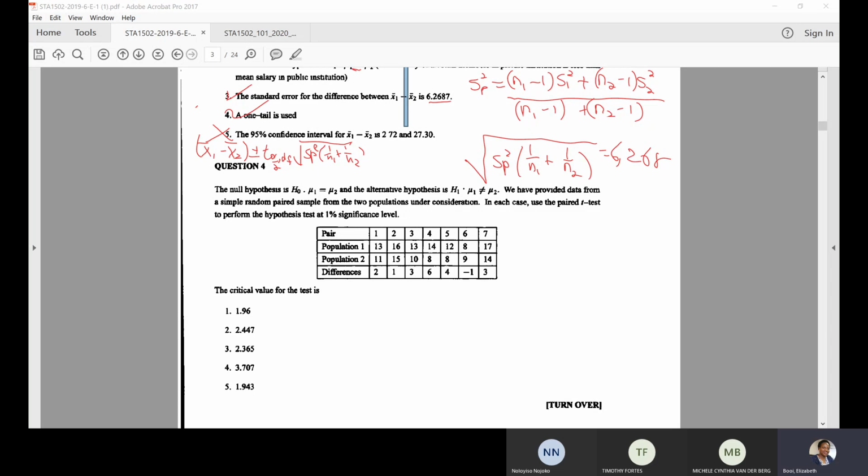In each case, use the paired t-test to perform the hypothesis test at 1% significance level. Here we are asked only to find the critical value, not the other things.